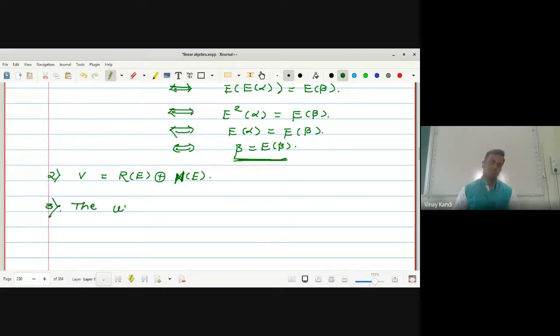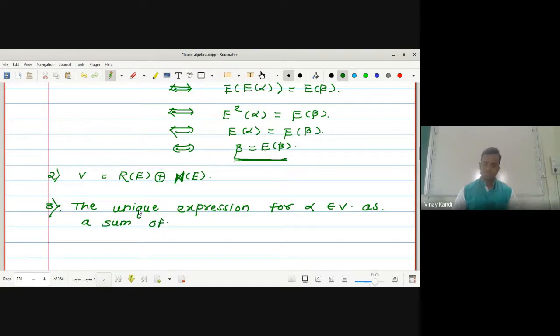Okay, third one: the unique expression for alpha belongs to capital V. Okay, alpha साठी कोणतं expression आहे?